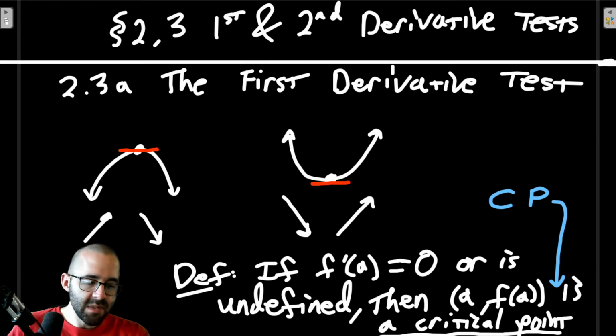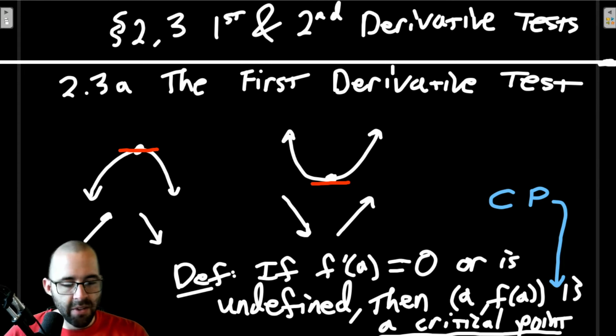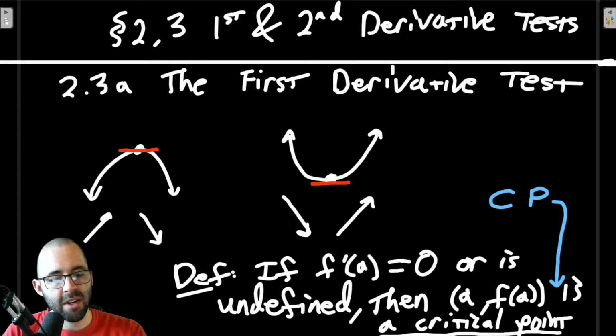All right. So specifically, that's what a critical point is. And what we're going to look at when we introduce the first derivative test is relating this fact up here to what we've got.